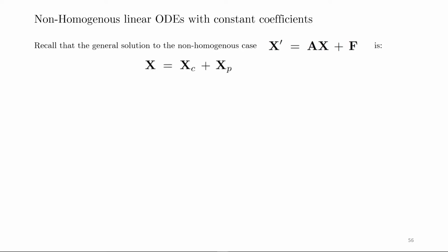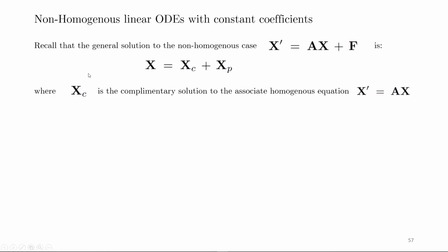Just as a reminder, the general solution to the non-homogeneous system of linear ODEs is given by the sum of a complementary solution vector plus a particular solution vector. And just as a method of recalling, the complementary solution vector is associated with the associated homogeneous equation.